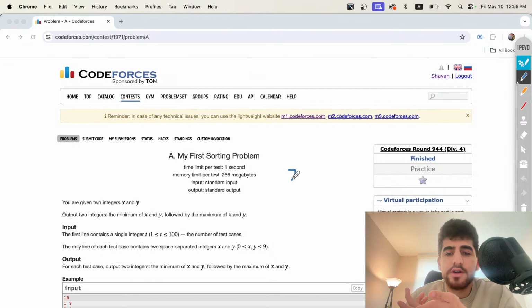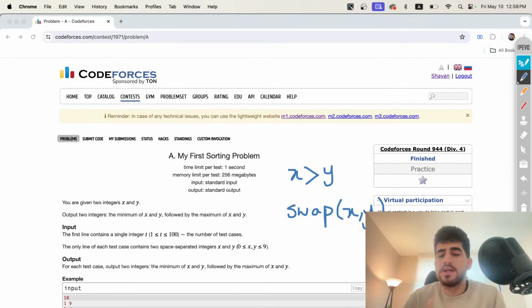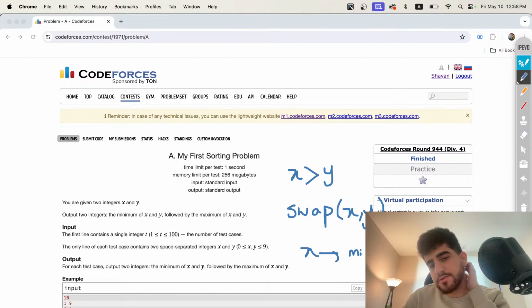You take x and y, and if x was greater than y, you just swap them, changing their values. Then you are sure that after doing this, x is your minimum and y is your maximum, and you can write x and y.